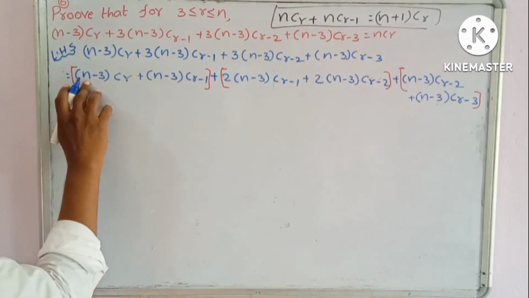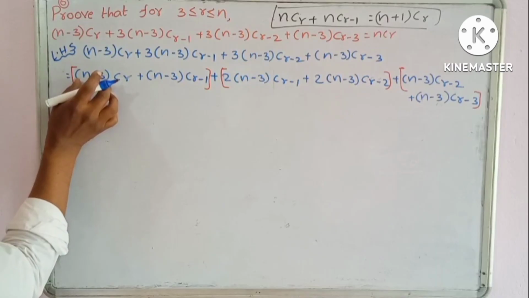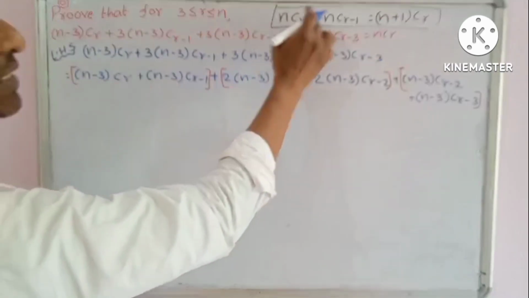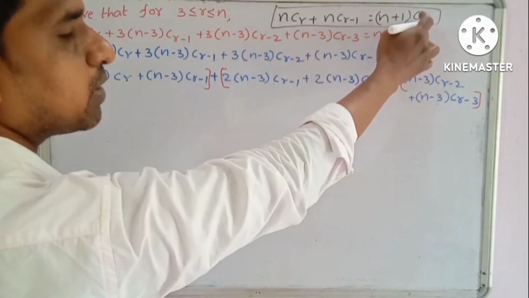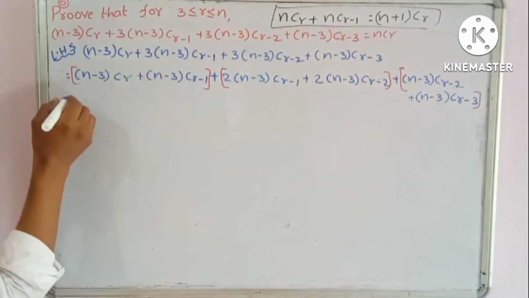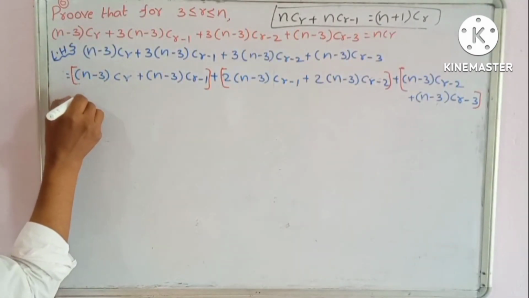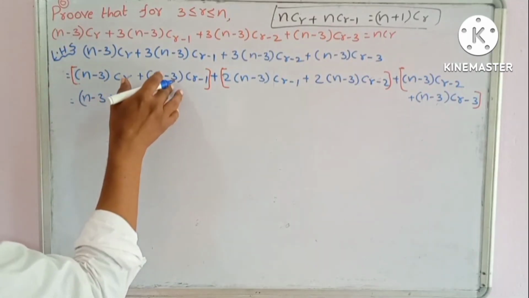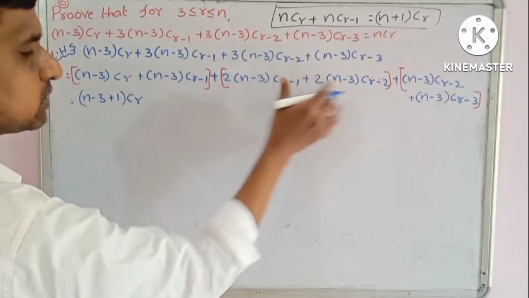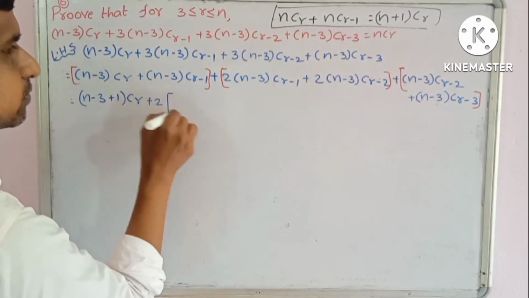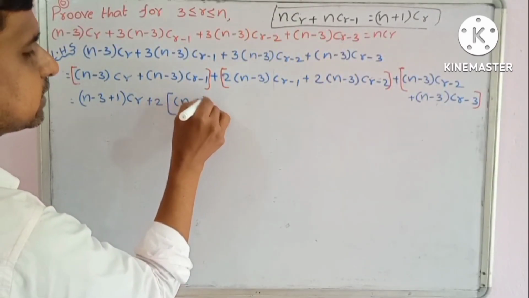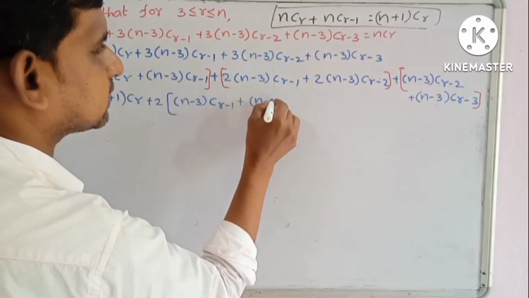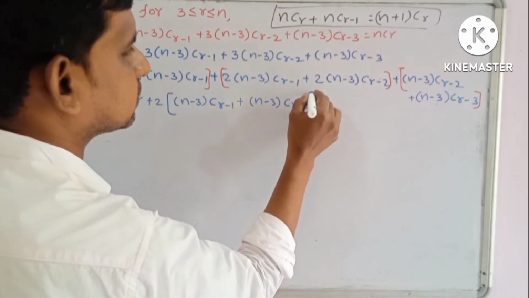See this formula. Consider this one as nCr plus nC(r minus 1). What is the formula? (n plus 1)Cr. So here n is n minus 3, so (n plus 1)Cr directly. In these terms, 2 is common: (n minus 3)C(r minus 1) plus (n minus 3)C(r minus 2).